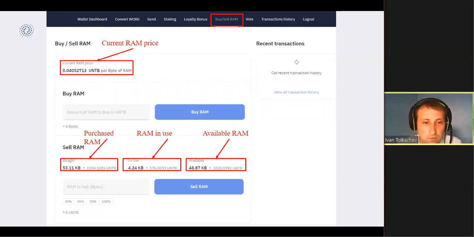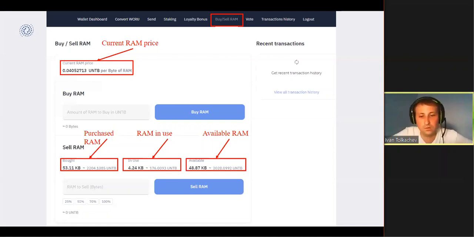Here you indicate the amount of memory you would like to buy. Then when you buy, below you see the indicator of how much memory is bought with the approximate price. You have the indicator of RAM in use, and you have an indicator of RAM available.